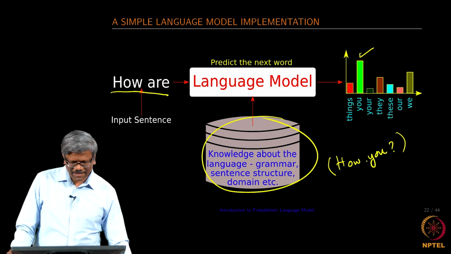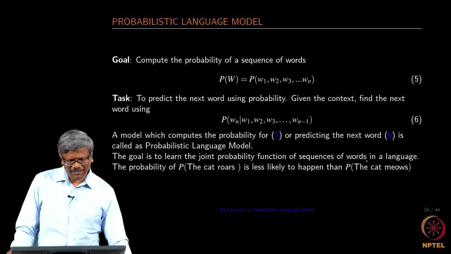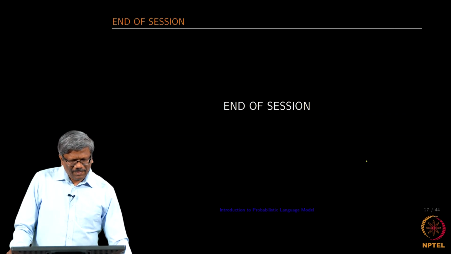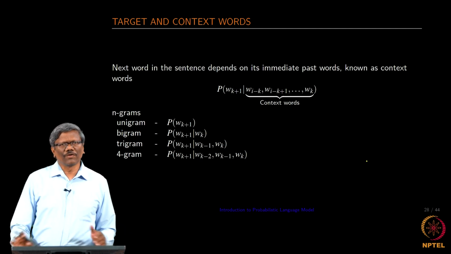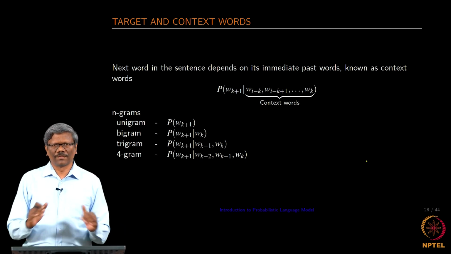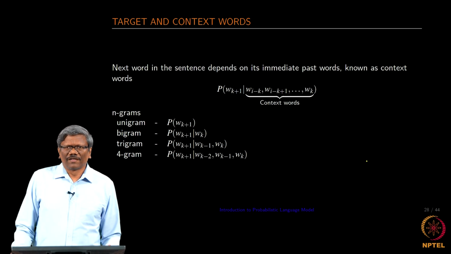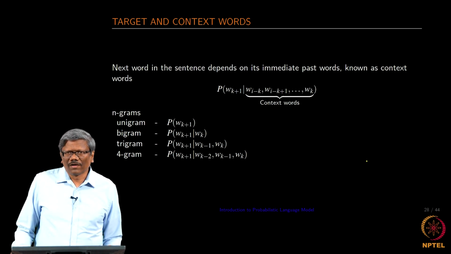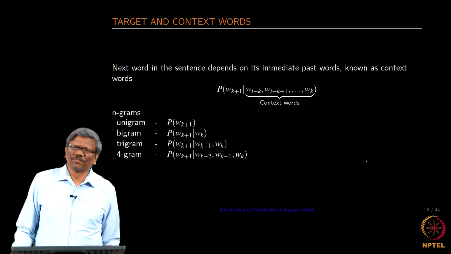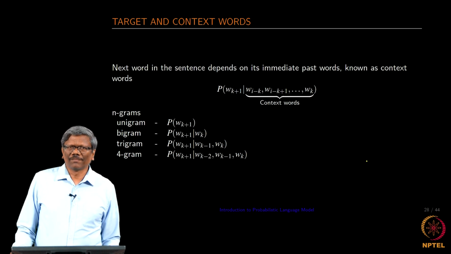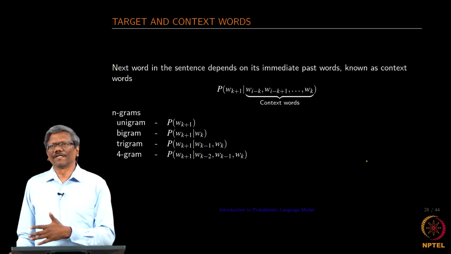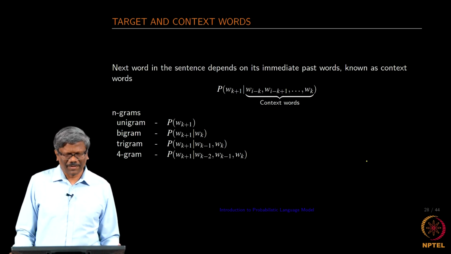So, I am going to be skipping some of the slides that we had seen earlier. In this particular session, we are going to create a model based on the corpus and then use the model to predict our next word using bigram, trigram, fourgram, or, given a sentence, find the probability of that particular sentence.